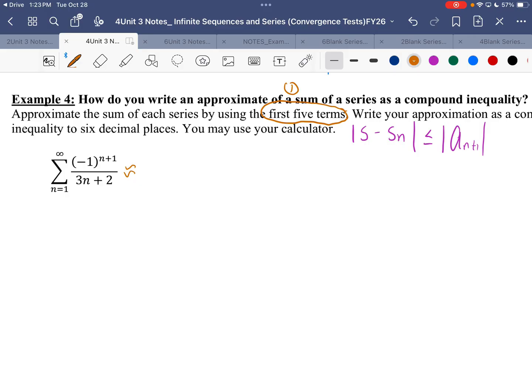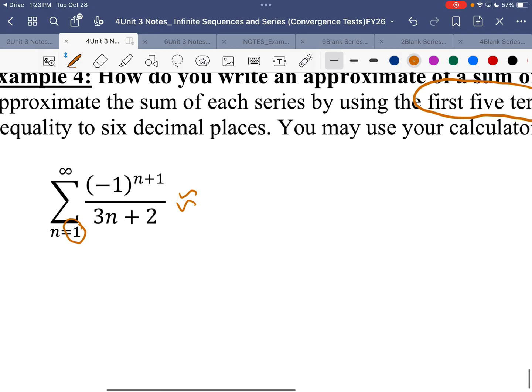If we're expanding out, what n are we starting at? 1. Okay, so starting at 1: negative 1 to the 1 plus 1, over 3 plus 2. Then plugging in n equals 2, we're going to have negative 1 to the 3, so it's going to be minus.